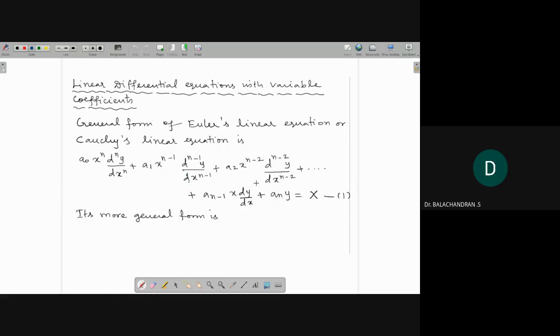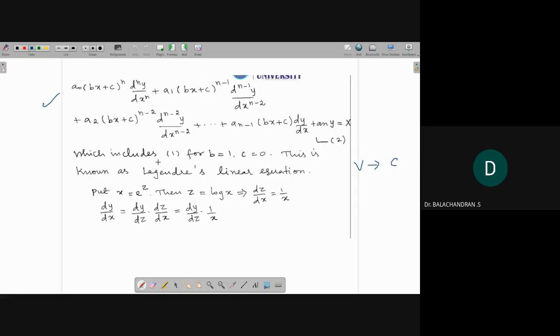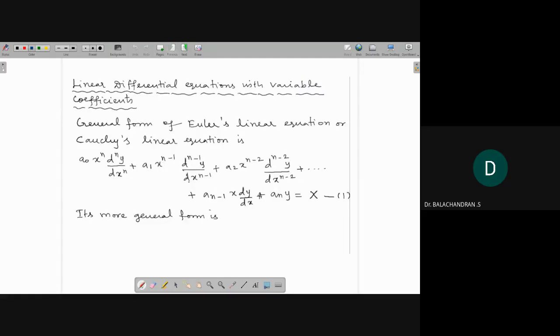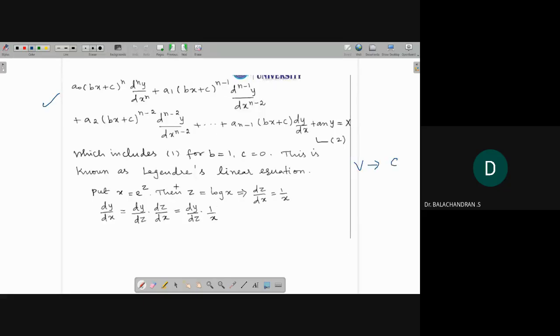I am going to convert the Euler homogeneous linear equation into constant coefficients. For this I am dealing only with equation 1 now; later I will tell you when I take equation 2. I use the substitution x equal to e power z, then z equal to log x.